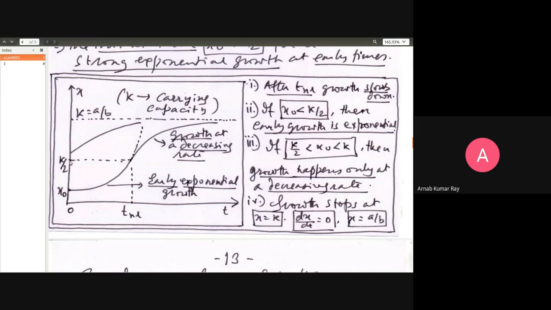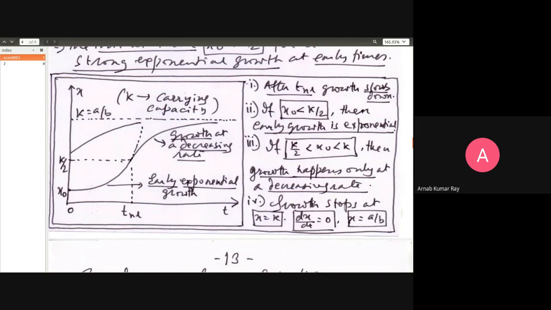If you start above the k by 2 line, then it will be as if this curve is shifted here, and thereafter you'll have this saturation behavior. So if your initial condition x naught is between k by 2 and k, then growth happens all the time only at a decreasing rate.